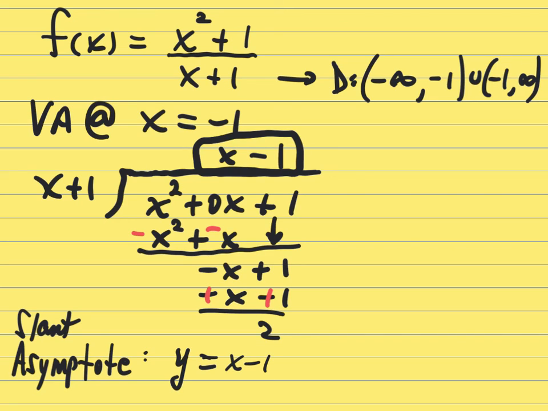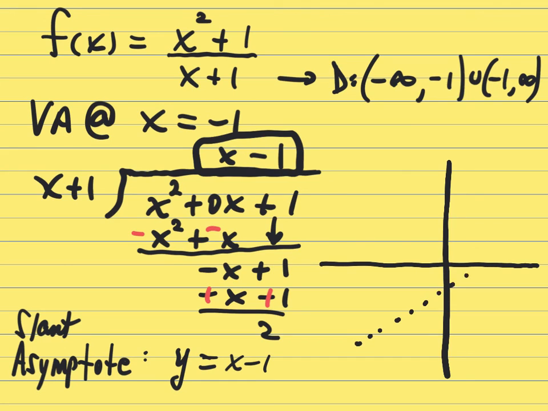How does that affect the graph? If you were to lightly sketch in the line y equals x minus 1, it would look like that. We have a vertical asymptote at negative 1.